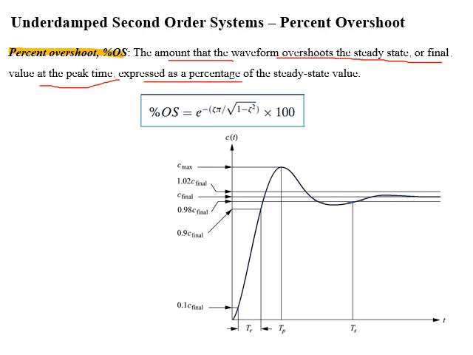This exceeding amount expressed as a percentage is known as percent overshoot. You can see in the figure, at peak time the response has maximum value C max, which exceeds C final, the steady state value of the response.